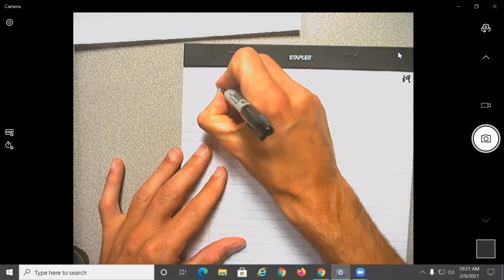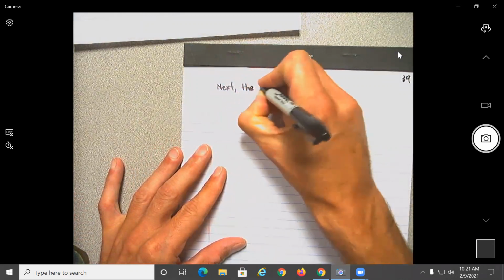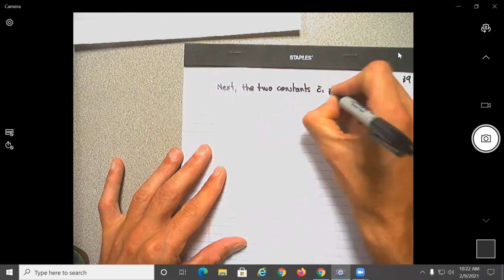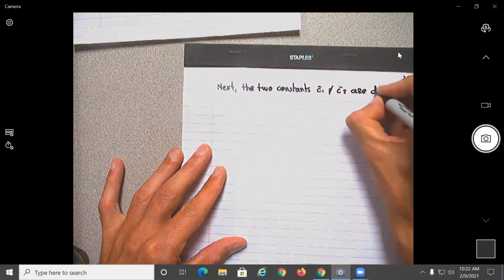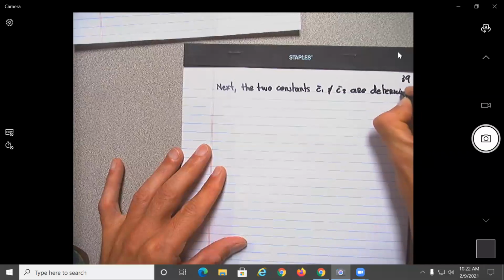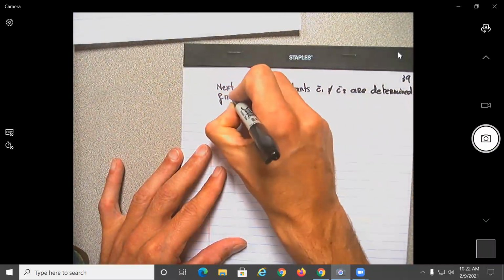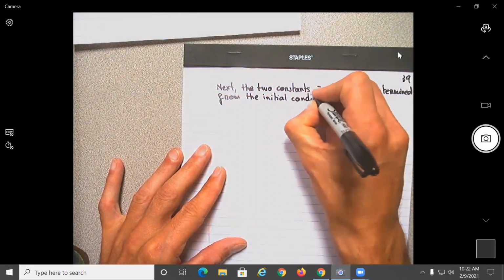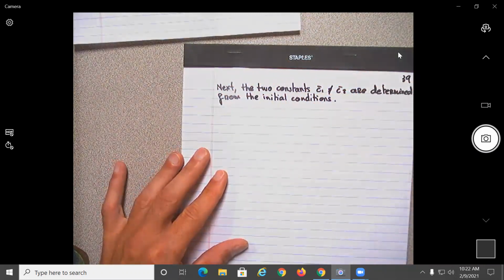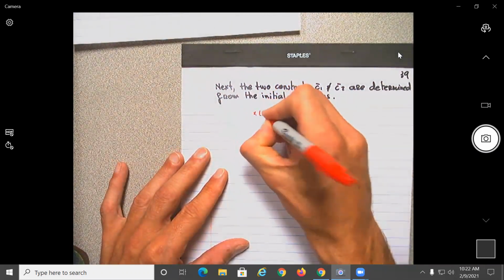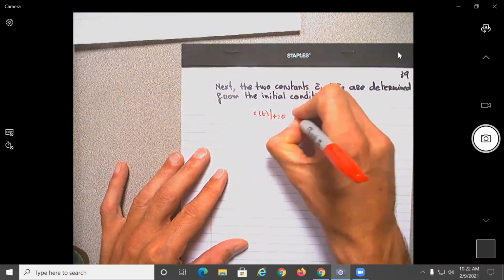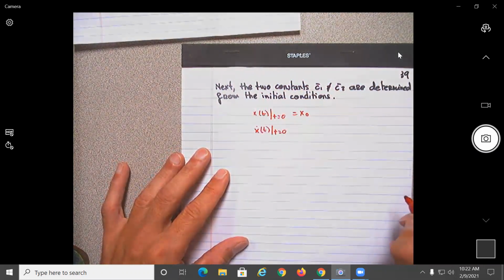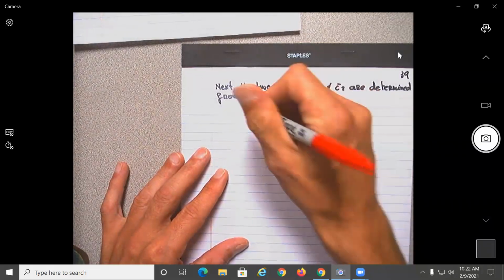So next, the two constants, C bar 1 and C bar 2, are determined from the initial conditions, which are: x of t at t equals 0 equal to x sub naught, and x dot of t at t equals 0 equal to the initial velocity, v sub naught.